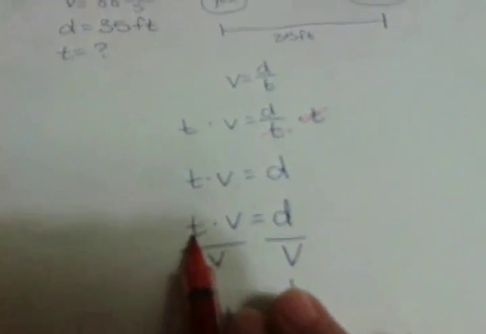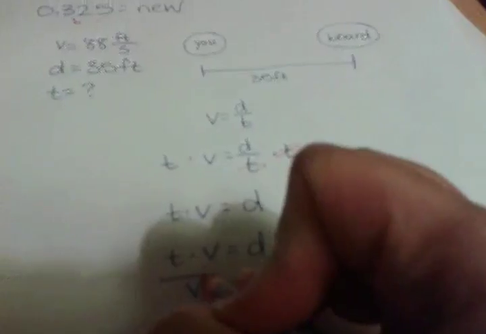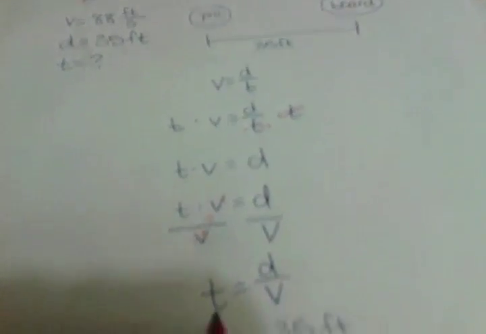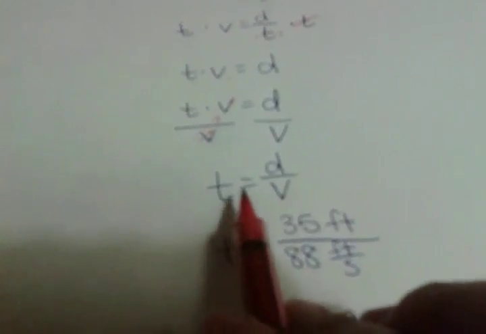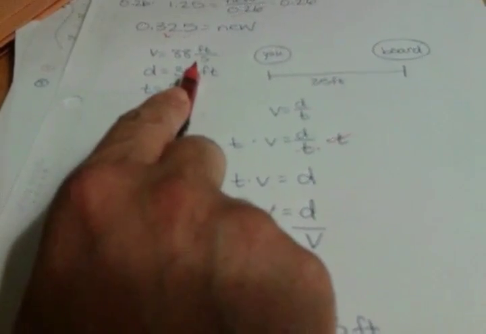And then I want to solve for time, so I divide both sides by velocity, and velocity cancels out, leaving me with just time equals distance over velocity. Okay, so the distance from the problem was 35 feet, and then divided by the 88 feet per second, and that gives me 0.398.